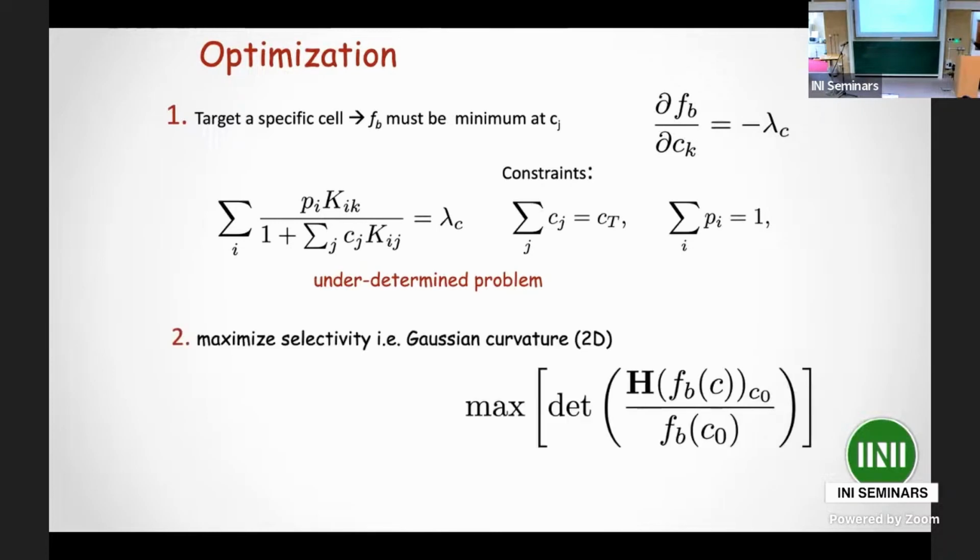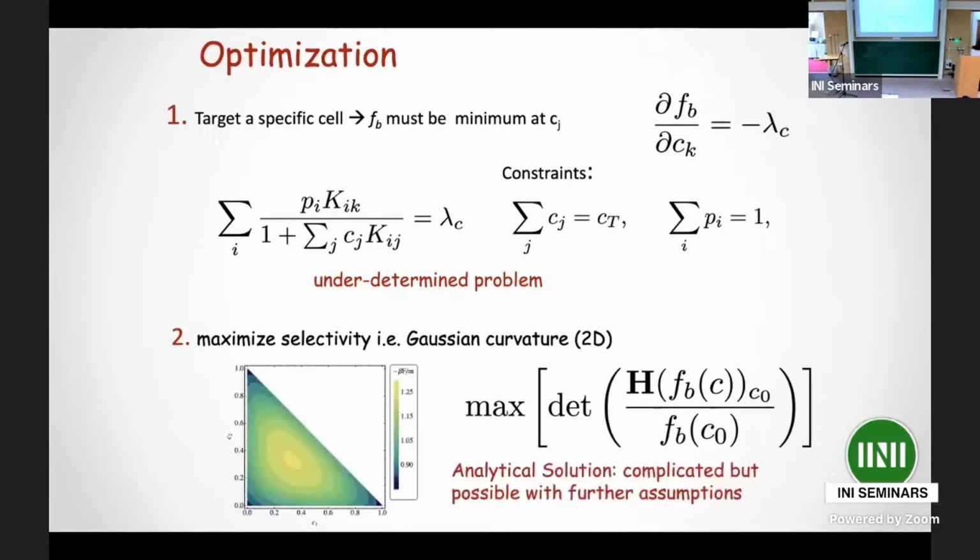But out of all possibilities for designing this particle, we want to find the one which will be the most sensitive to changes in the surface receptor. So we basically want to find the solution with the highest curvature around the minimum, and we can do that with certain assumptions analytically.